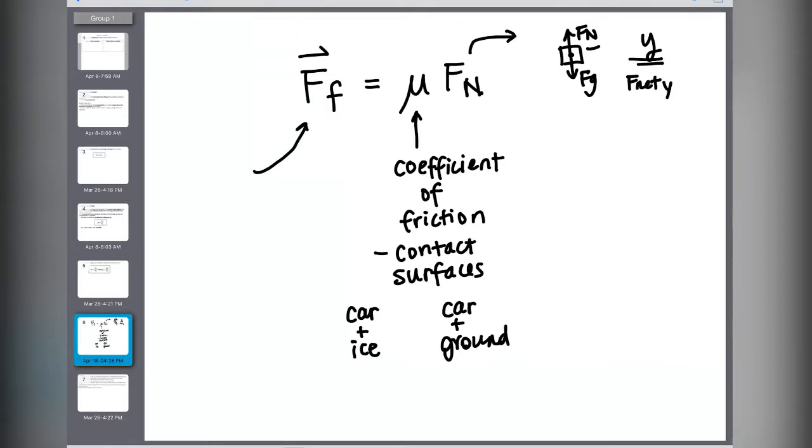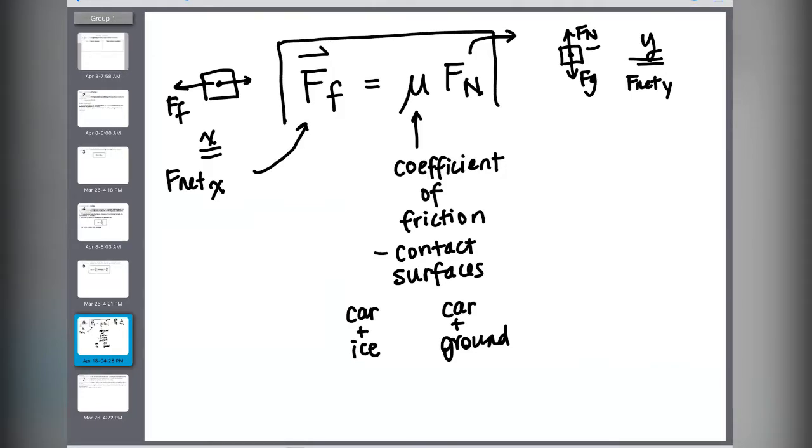And then Ff, because we're mostly talking about opposing motion, mostly involves analyzing the net force along the x direction. Depending on what they give you, we sometimes would just refer straight to the equation, but sometimes we would need to analyze the x or the y directions in order to solve the problem.